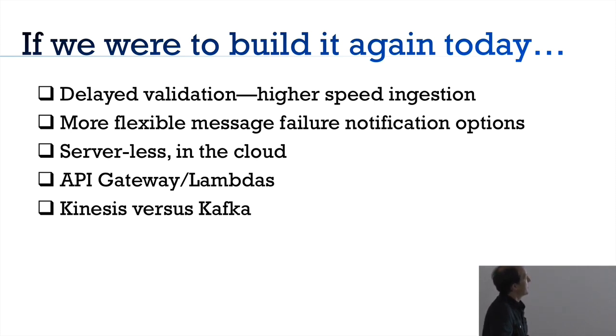If we were to build it again today, though, what would we change? One of the things that happened along the way is we felt early on that it was really important to have valid data and not be rejecting it when we got all the way down to the persistence level and tried to write stuff in the database, and then the database is rejecting stuff saying, oh, this field's wrong and that field's wrong and these things are duplicates and whatever. We wanted to give people feedback up front because early on, with our very first tests, people were publishing bad data to us.